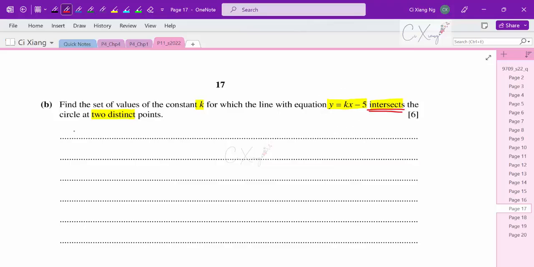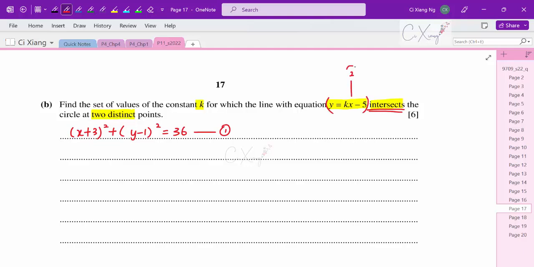Okay, so let's start. I'm having (x plus 3) squared, and (y minus 1) squared equals 36. This is the equation that I have from the first part. I let it be the first equation. Then for the second equation, I'm having y equals kx minus 5.